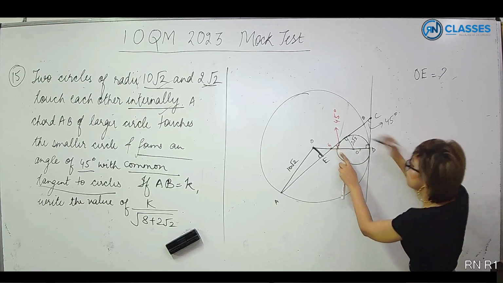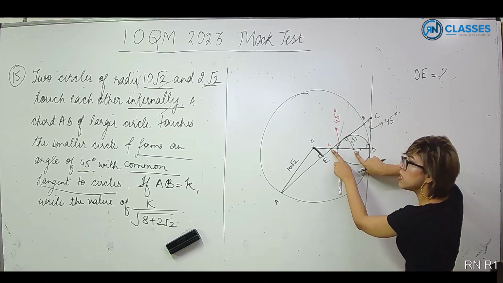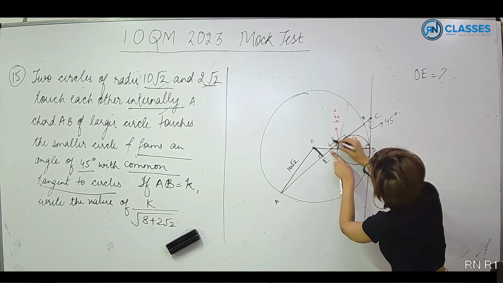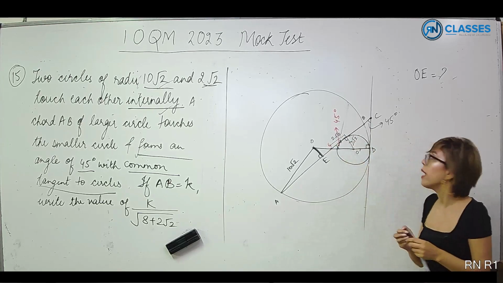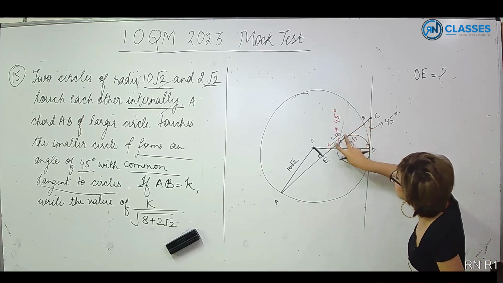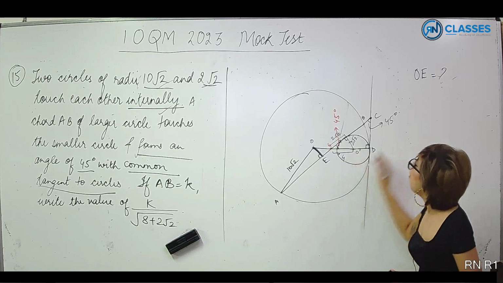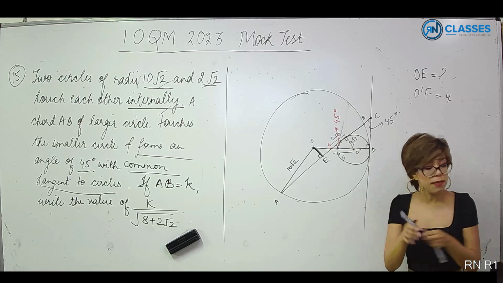If this angle is 45 degrees, that means I can easily find out this length. Actually, not this length, at least I know this length. This is also 2 root 2. I saw this triangle, it's not a big deal, because 45 degrees, right? Now, using Pythagoras theorem, I can find out this length to be 4. So, O dash S turns out to be 4. Might be able to utilize it.